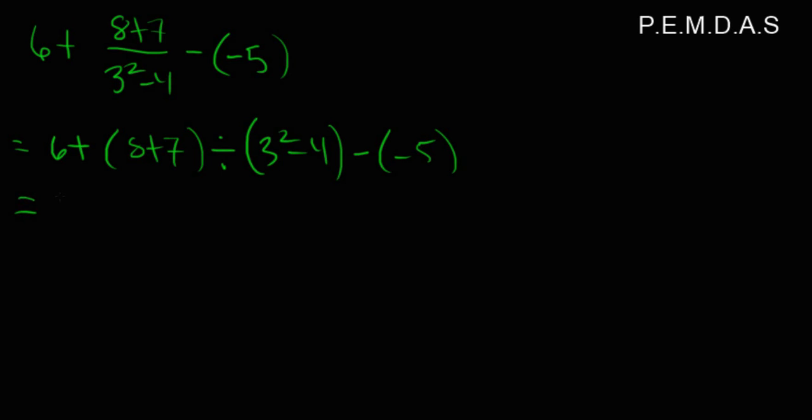So that equals 6 plus... of course we do division first. 8 plus 7, 15. But we do parentheses before we do division. So we do this 8 plus 7, 15. We have to do what's inside this parentheses as well. So we have 3 squared, which is 9, minus 4.